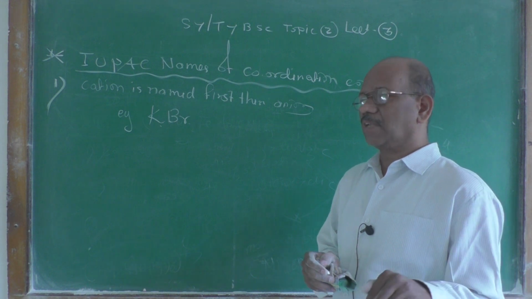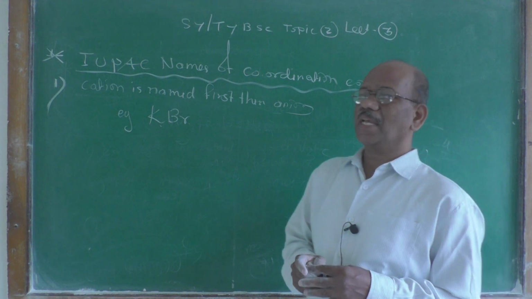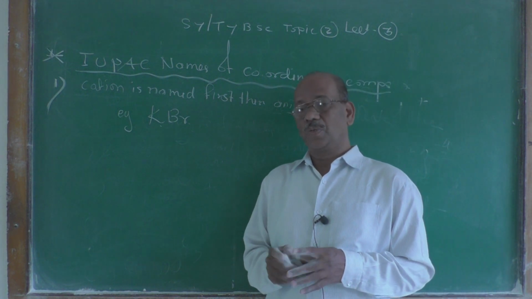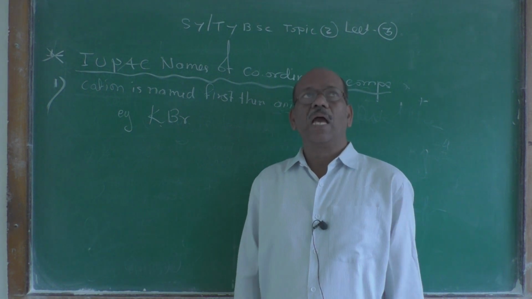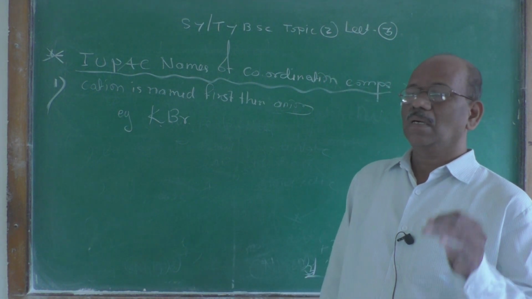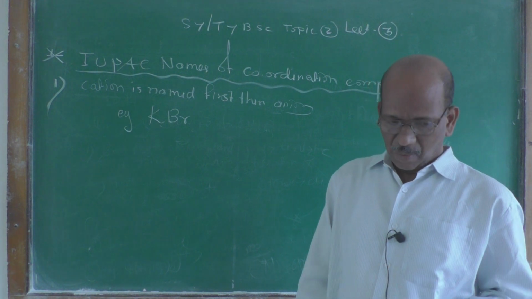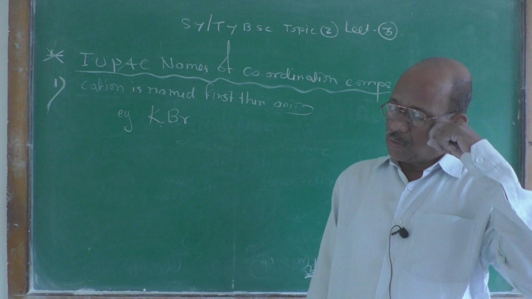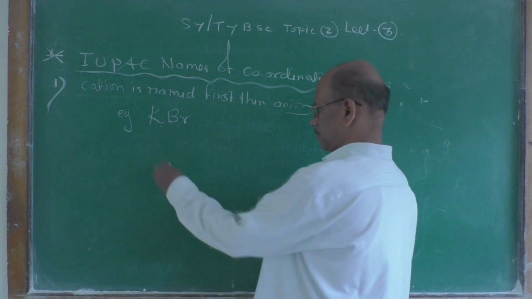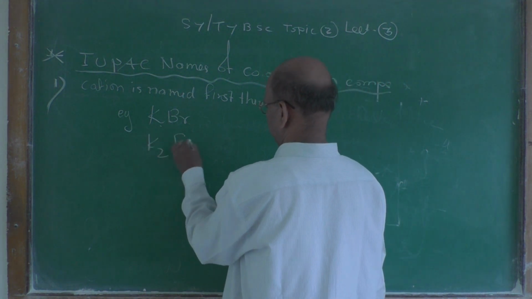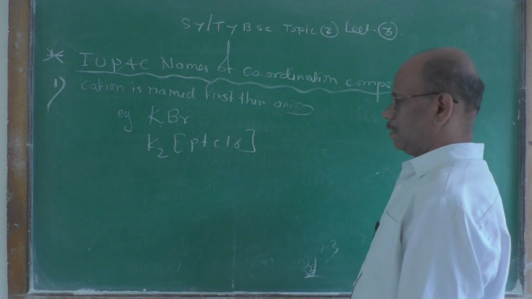So complex may be cationic complex, anionic complex, or neutral complex also. You always mention the cation name first and then the anion. I take a complex example for this rule: K2PtCl6.